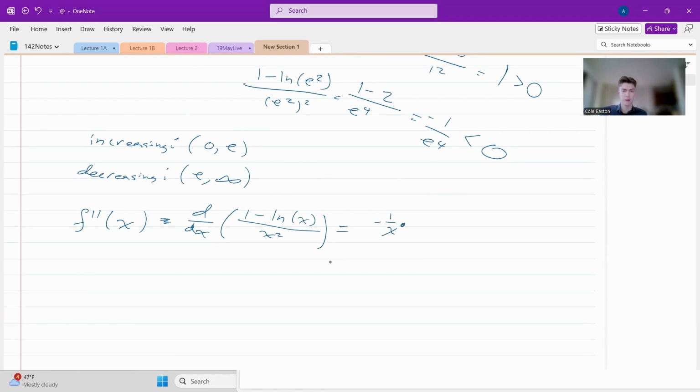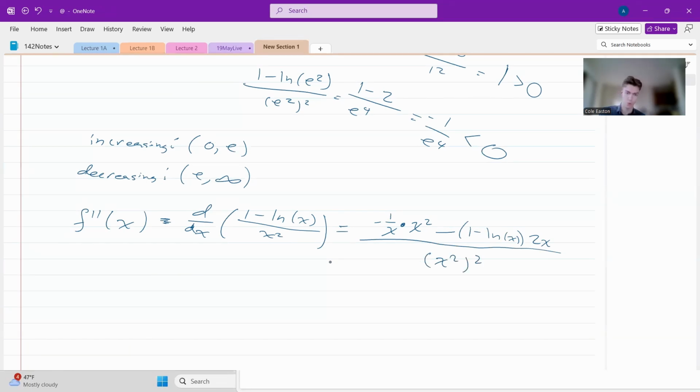So the derivative of the top times the bottom, so the bottom is x squared, minus the top, which is 1 minus ln x, times the derivative of the bottom. Derivative of x squared is 2x, all divided by the bottom squared.